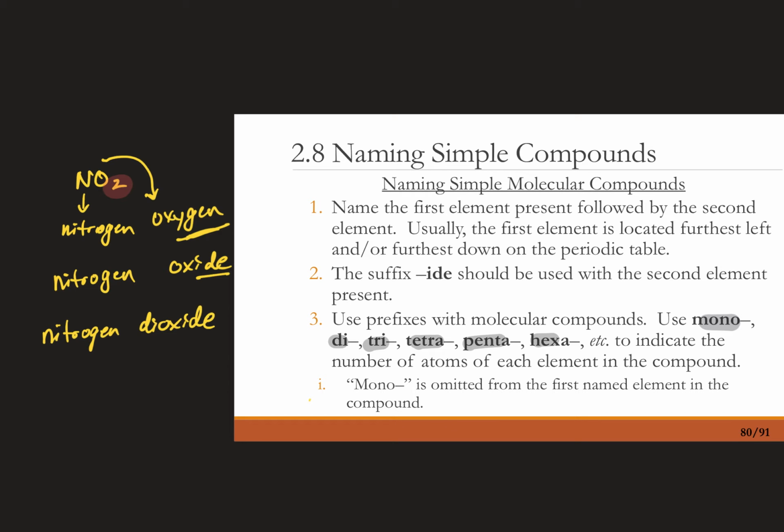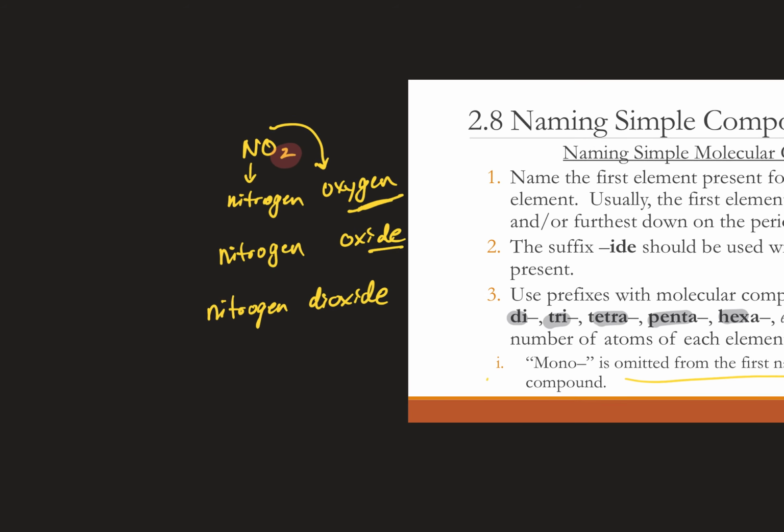Now, mono is omitted from the first named element in the compound. So we could say mononitrogen dioxide, but we just eliminate that, and it's nitrogen dioxide.